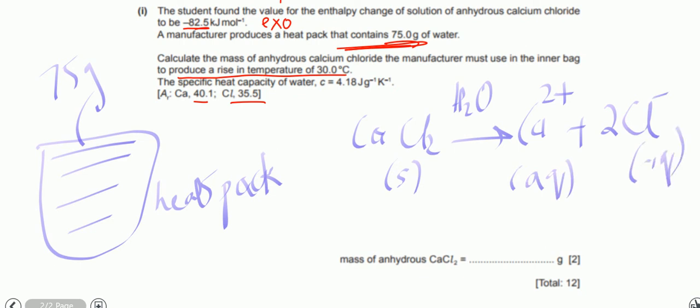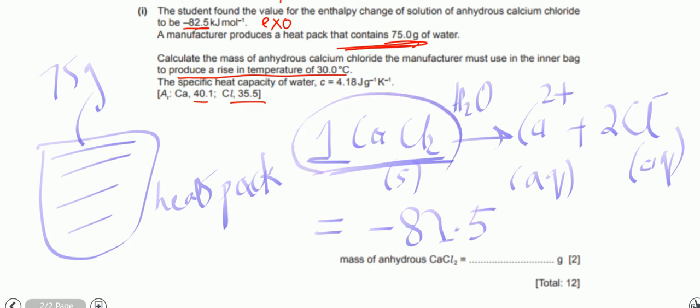So we know that 1 mole of calcium chloride, in this particular reaction, gives us an enthalpy change of minus 82.5.